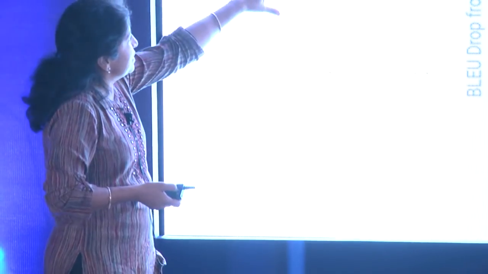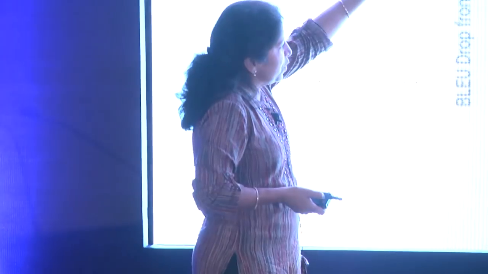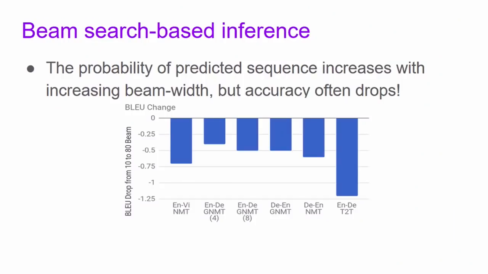Yes. So what we observed was this. On the y-axis, we are looking at the drop in accuracy, measured as BLEU score, when you go from doing inference using top k tokens instead of top 80 tokens.